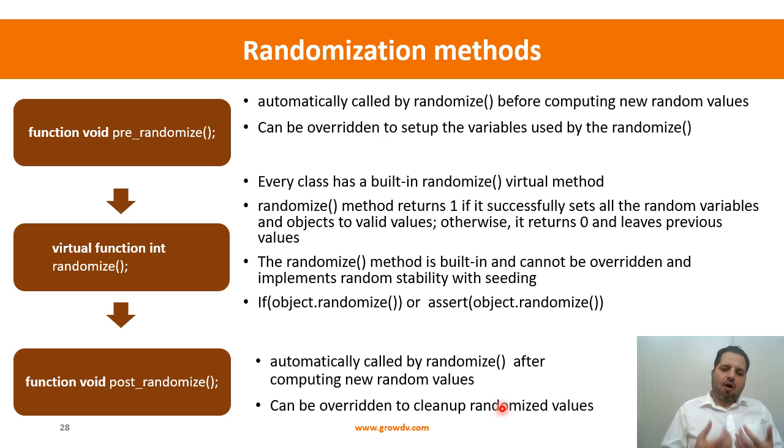Whatever complex things you cannot solve using only the constraints, you let the constraints solve to the extent that is possible, and then inside the post-randomize you trim it and make sure that it meets your requirements. So both the pre-randomize and the post-randomize functions can be utilized: for preparing certain state variables that you want to use in the randomization, and then, if you are not able to solve it completely and you want to tune certain variable values, you can do that in the post-randomization. So these methods can be utilized.